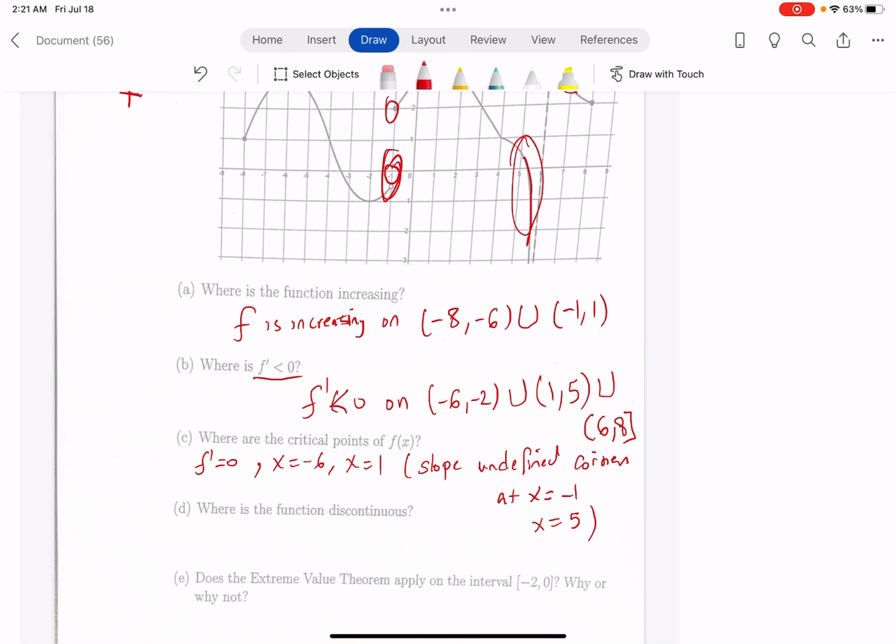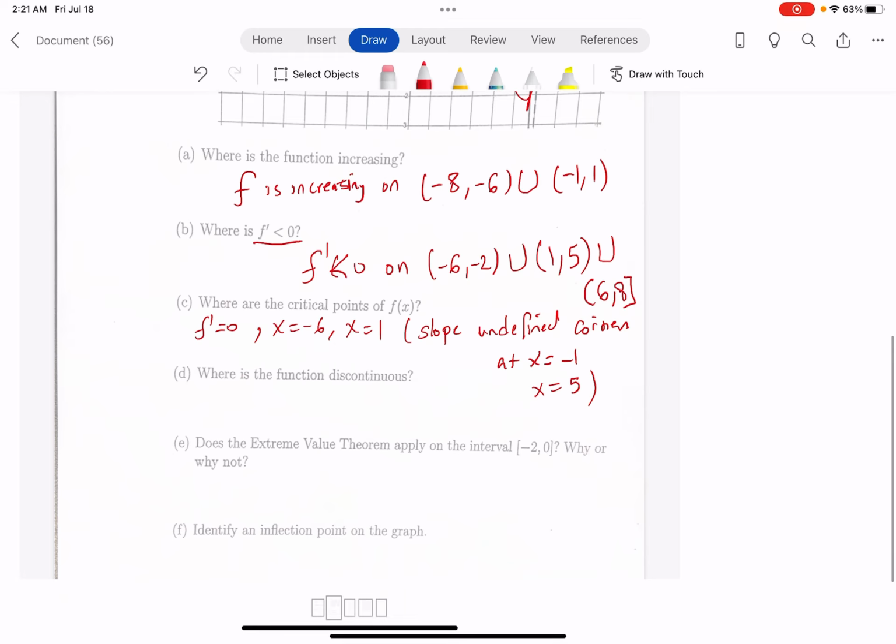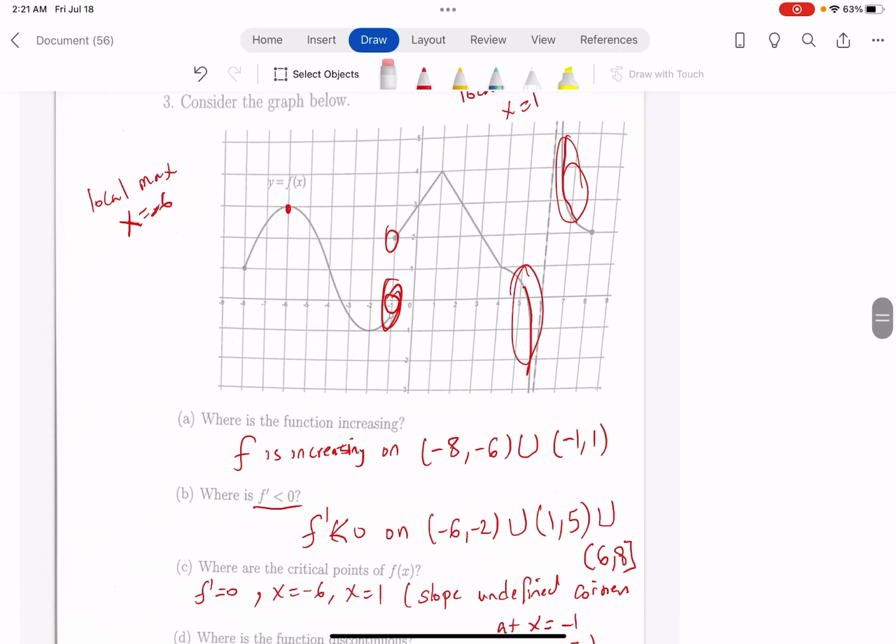Okay, where is the function discontinuous? Discontinuous is very simple. It jumps at x equal to -1. We mentioned it, there's a jump here. That's the discontinuity. And of course at x equal to 6, there is a big jump. So this is x equal to 6, and that differentiates between this side and this side.